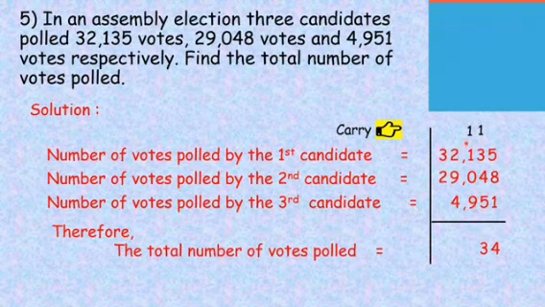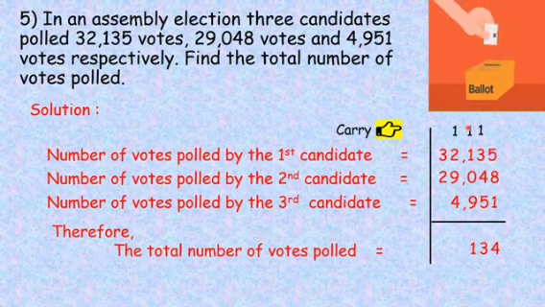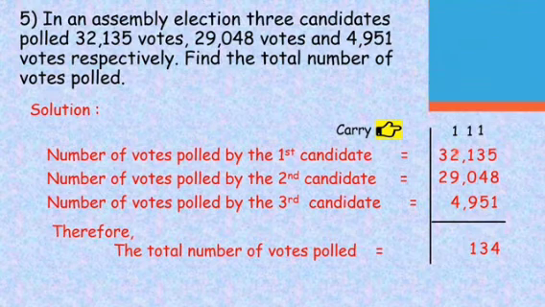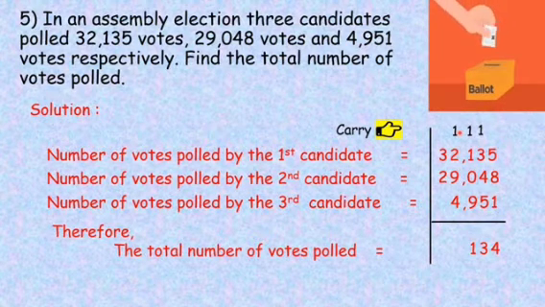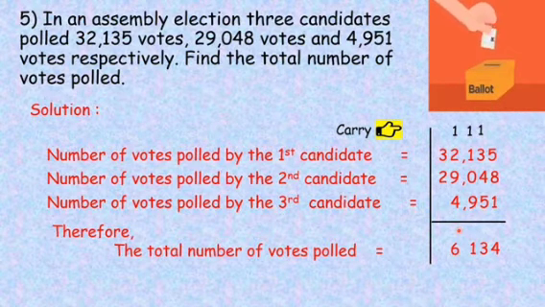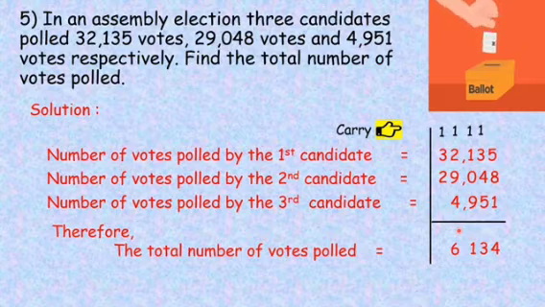Here also 9 plus 1 is 10, 10 plus 1 is 11, 1 at the bottom, 1 carried over. 9 plus 2 plus 1 plus 4 is equal to 16.